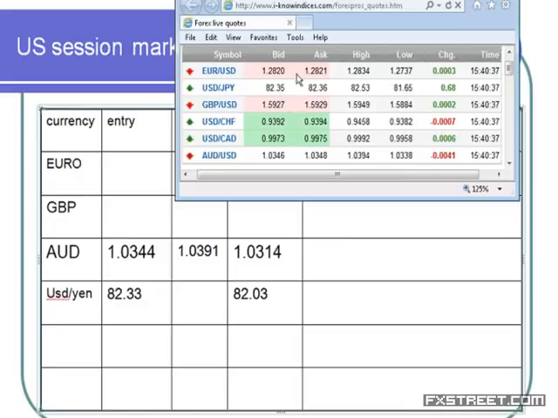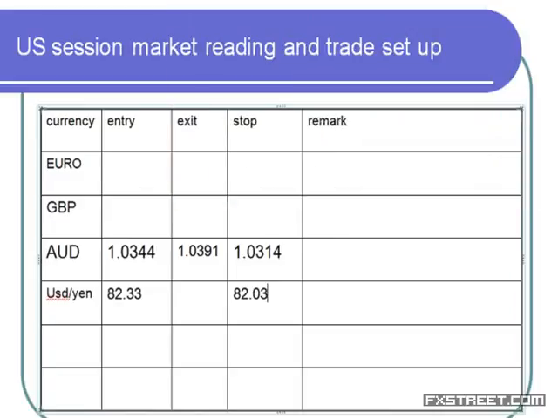So we will fine tune our entry, probably about 5-10 pips below the current level. We will keep the limit order and they will give a definite fill. Then we can try to keep a hedging order for them and try to maximize the profit. So in the case of euro, $1.2810, I'll keep the buy limit order.